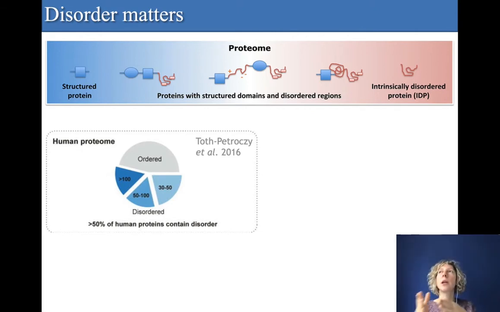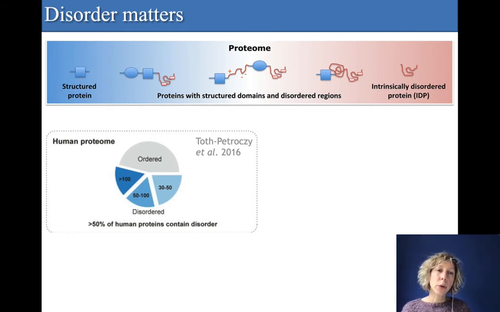You have the spectrum between what is ordered and what is disordered, and then you have another dimension, which is the extent of disorder or the extent of fluctuation that you will have in the protein. You start from a completely structured protein, and then you add some parts that are disordered and that are more or less disordered, because they may have local structures, they may fold upon binding, etc.